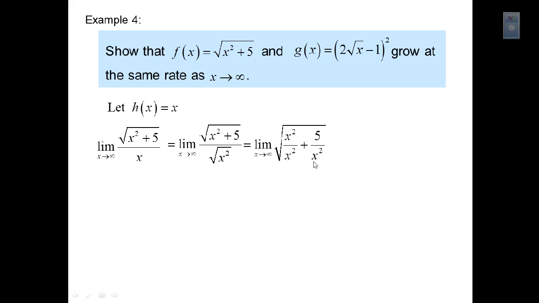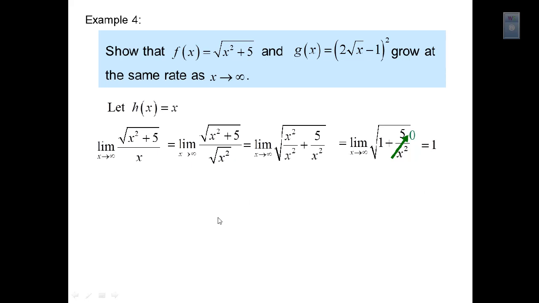As x goes to infinity, what's going to happen? Well, we're going to end up with 1 plus 0. So we end up with 1. Well, what does that mean? That means that the square root of x squared plus 5 and x grow at the same rate. Remember, if we do that test and we end up with a constant other than 0, then they grow at the same rate.